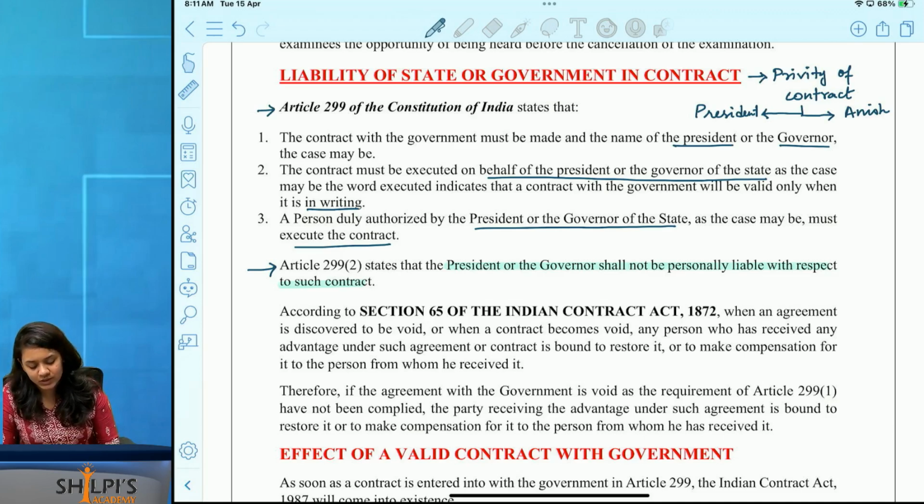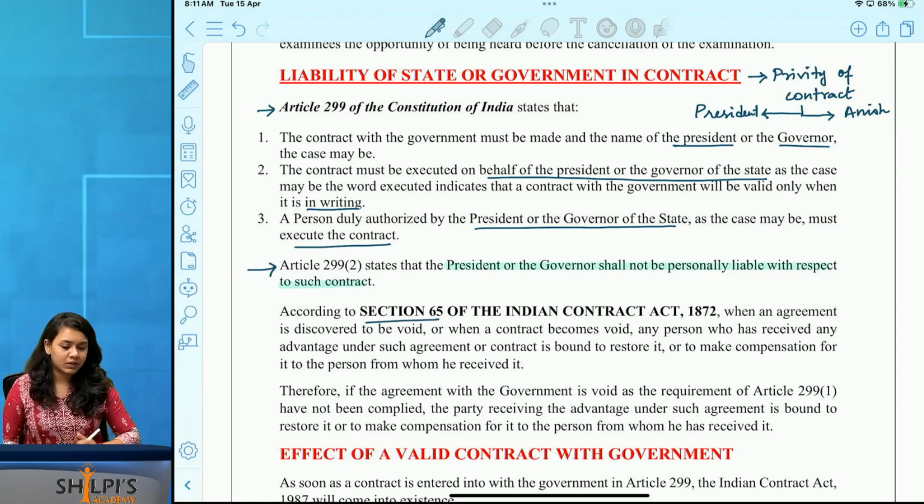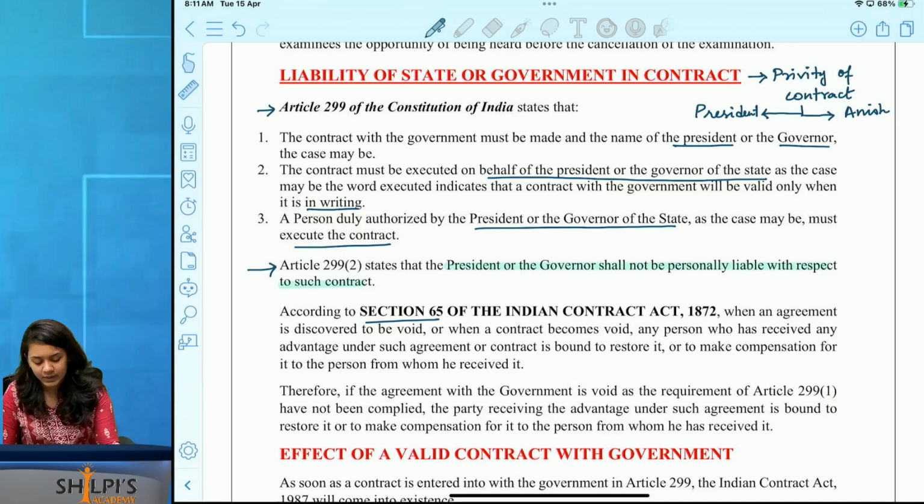So, what the court has done over time is interpret Section 65 of the Indian Contract Act, wherein they say that if an agreement is discovered to be void, or when a contract becomes void, any person who has received any kind of advantage under that agreement is bound to restore it or make compensation to the person from whom he received it.